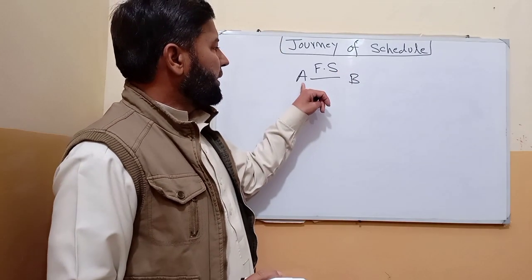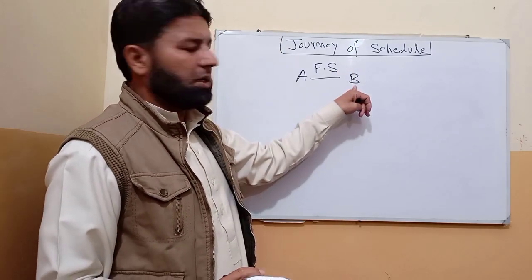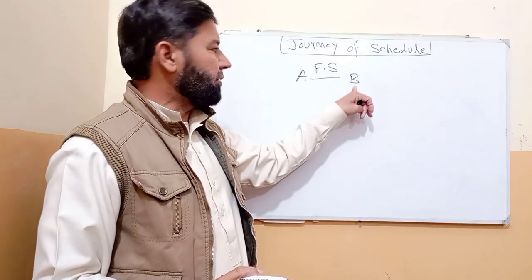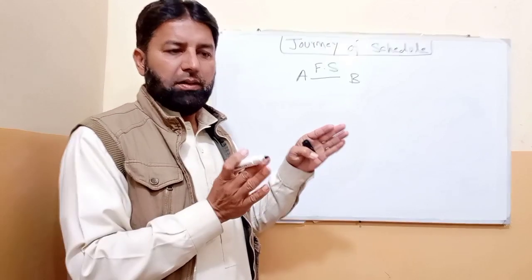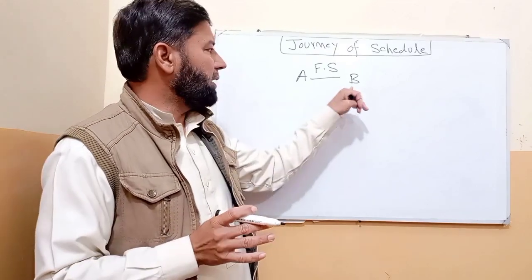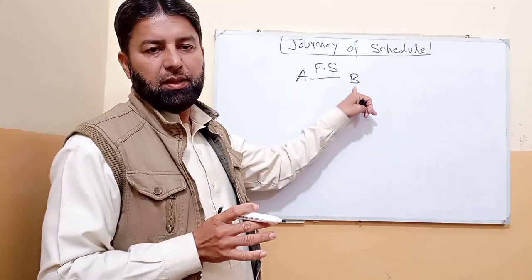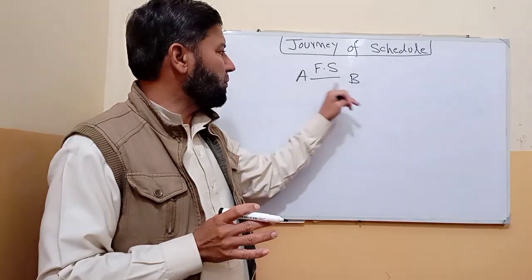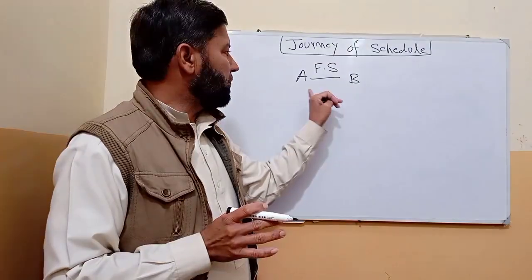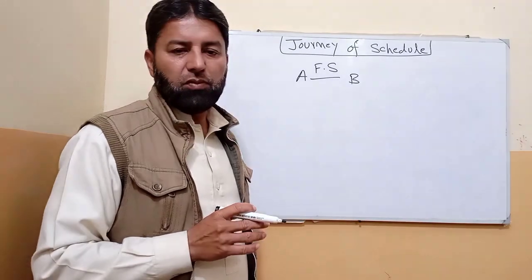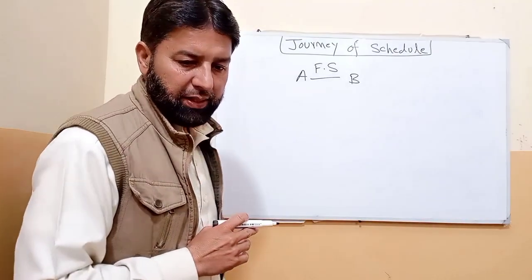When activity A finishes, then we start activity B. For example, we are doing a fit up of the joint. When fit up finishes, then we start welding. Without finishing the fit up, we cannot go for welding. So first we finish the fit up and then we go for welding.